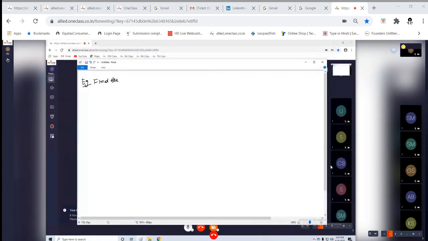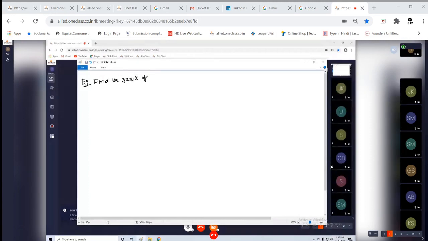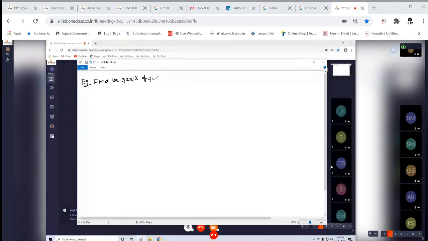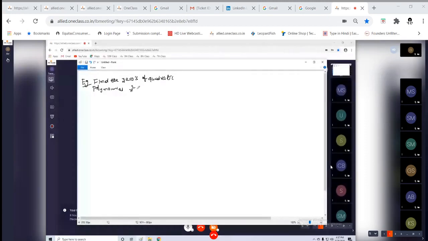Find the zeros of the quadratic polynomial and verify the relationship between zeros and the coefficients. Which one, ma? X square plus 2x plus 15.